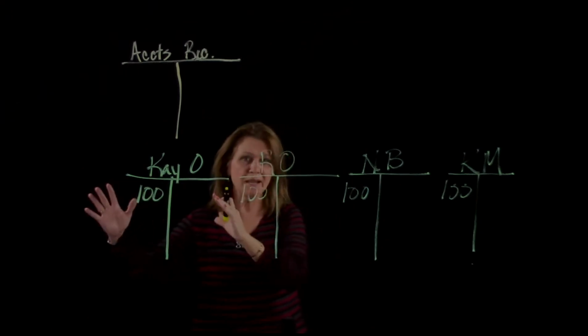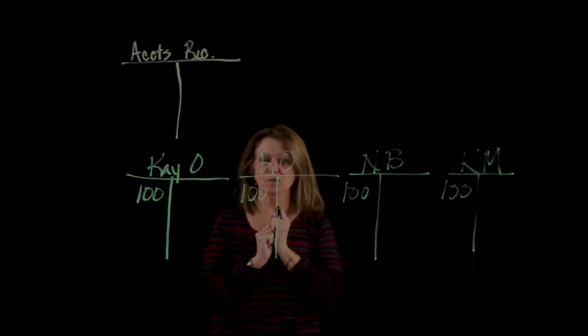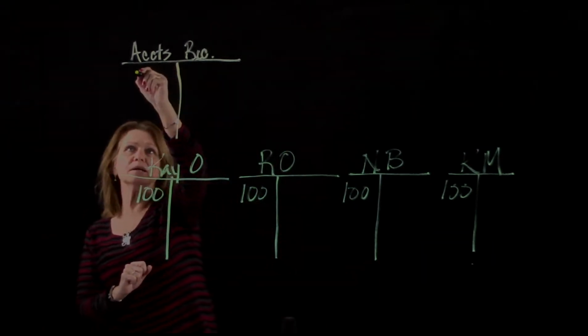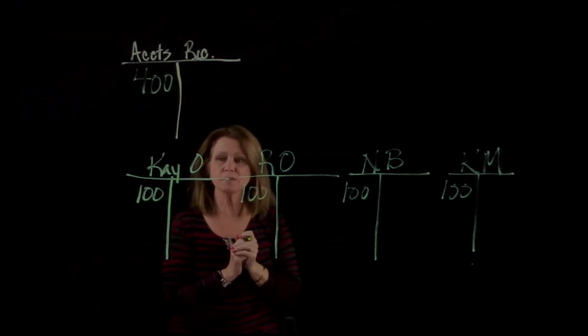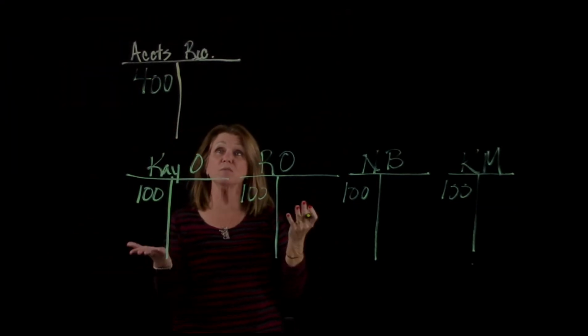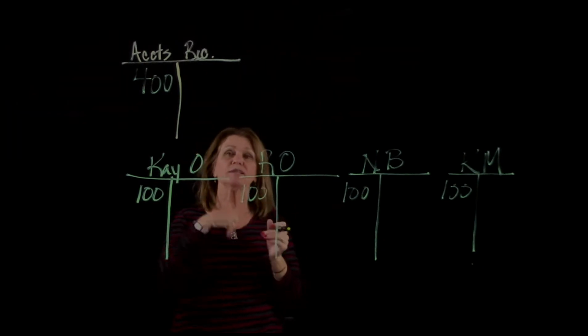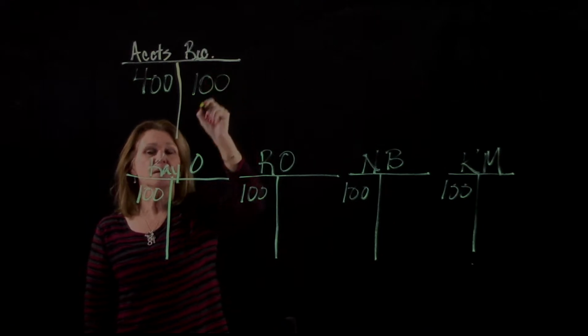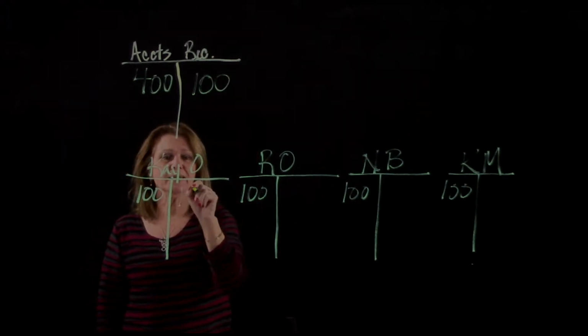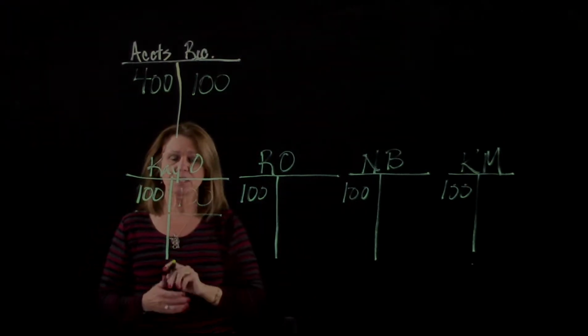These are all separate accounts. These are all separate customers, and your total up here for your accounts receivable is $400. So when someone pays you, you're going to debit cash, credit accounts receivable, but you're also going to keep track in the individual customer's account.